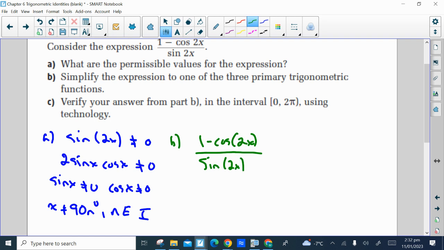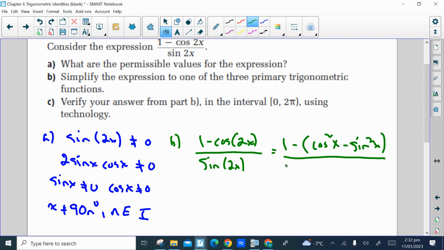So when we talk about cos 2x, there are three different possibilities that we can use, and all three will work. It doesn't matter which one. Some will be easier than others, but they will all work, okay? So what I'm going to do here is I've got this 1, and I've got minus cos 2x. So just to show you, it doesn't matter which variation of cos 2x we use, I'm going to start with the first one, which is that cos 2x equaled cos squared x minus sine squared x. And I put it in brackets because it's all being subtracted from 1.